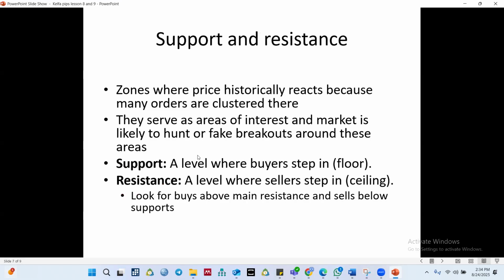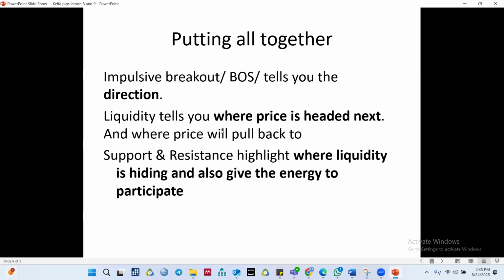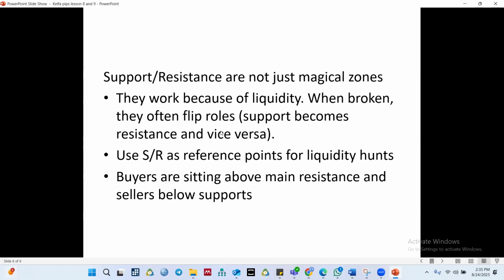So we got to support and resistance, and today we are going to focus on support and resistance so that after we finish with it, we can put all of them together and frame a strategy for our trading.